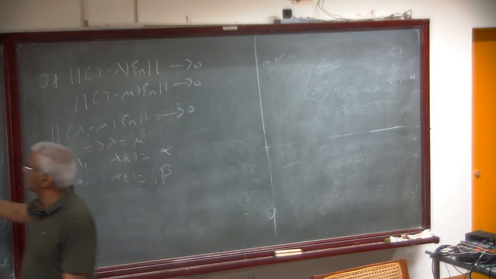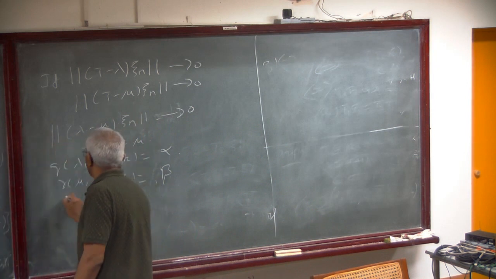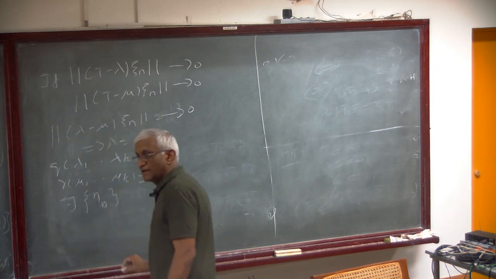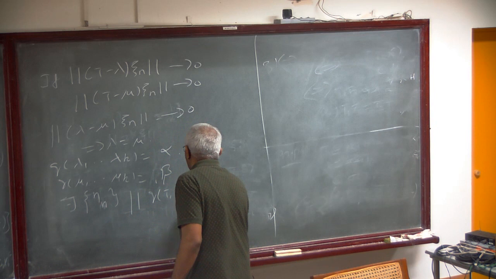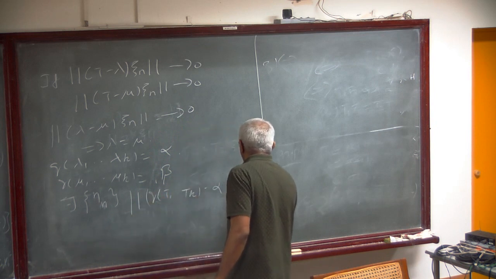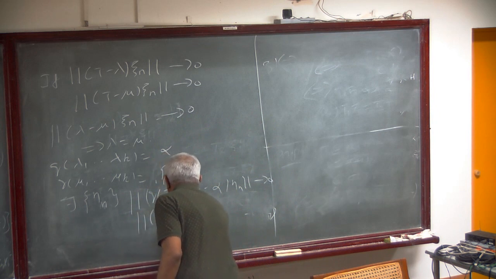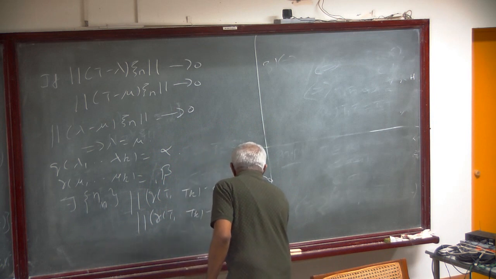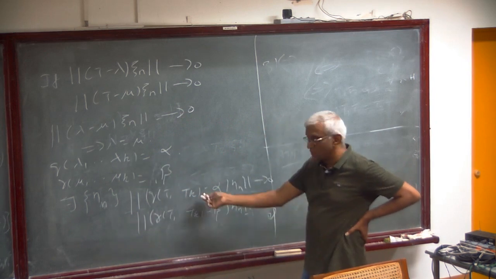We assume that alpha beta is in this sigma of Q(T1...Tk), R. So there exists another vector, another eta n, such that Q of T1 up to Tk minus alpha eta n goes to 0, and similarly R of T1 up to Tk minus beta eta n goes to 0. I'm not sure how this is useful to get that. This is also true.